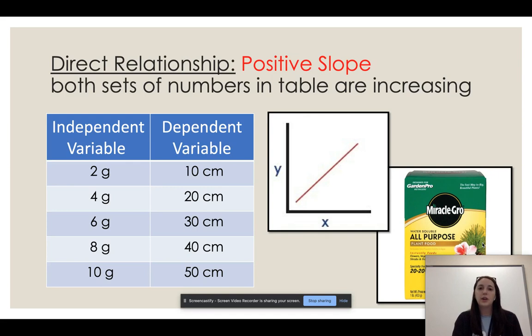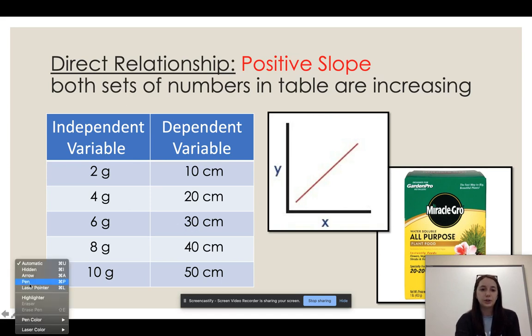So now we're going to get into some vocabulary. A direct relationship is a positive slope. And a direct relationship is when both sets of numbers in a table are increasing. So as you look over here, my independent variable right here is increasing the lower I get on the table.